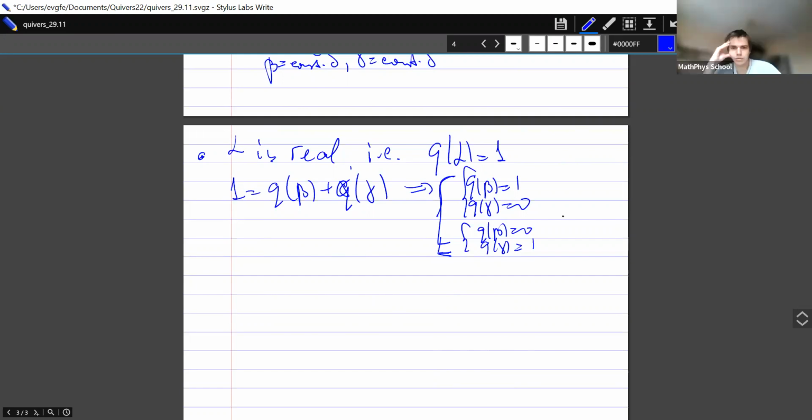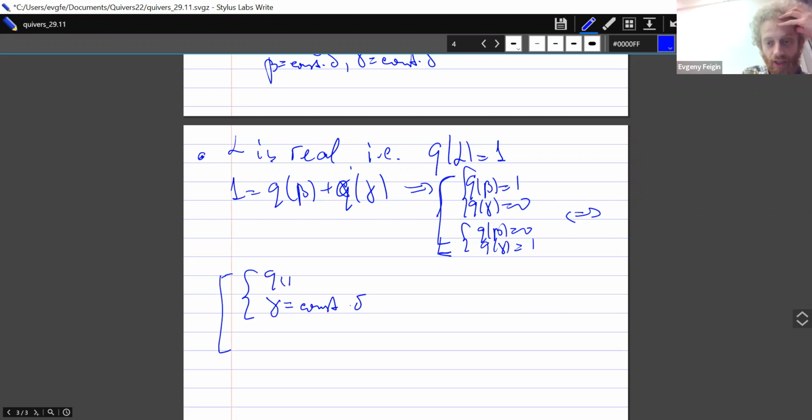But it seems like it's okay, because in this case, to say in the first case gamma is proportional to delta, and we know that if we add to beta or subtract from beta some number of deltas, we still will have a root. Or if gamma is proportional to delta, this means that gamma_i is non-zero for any i.